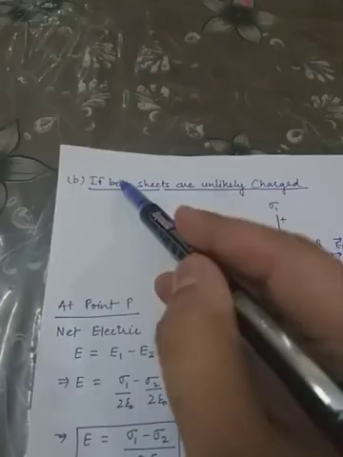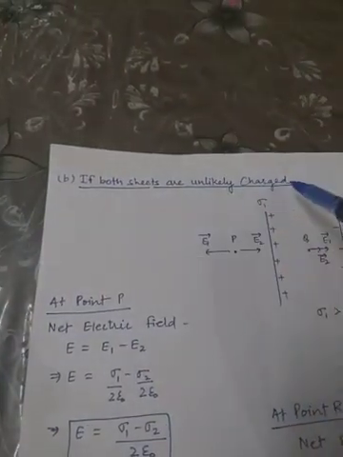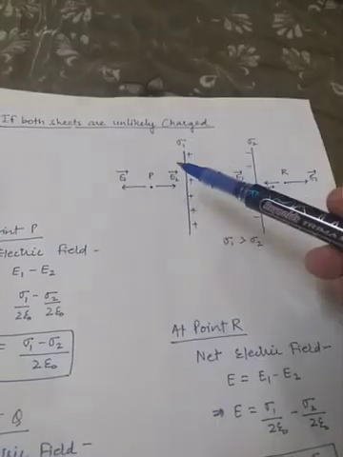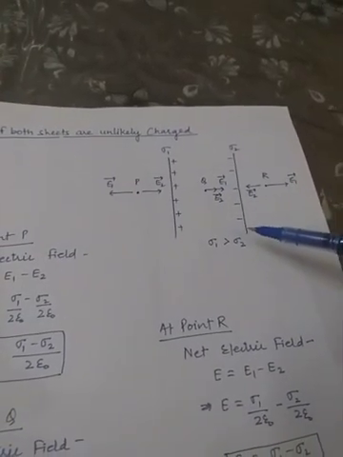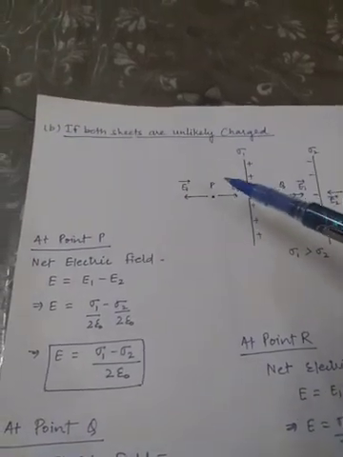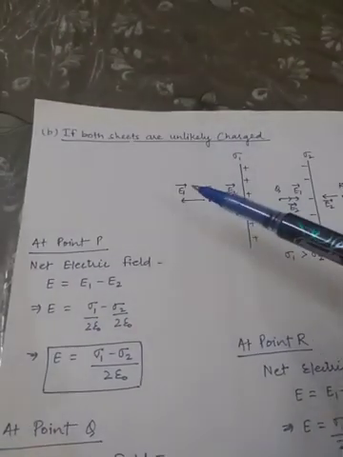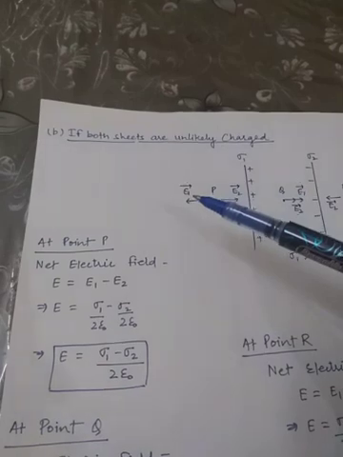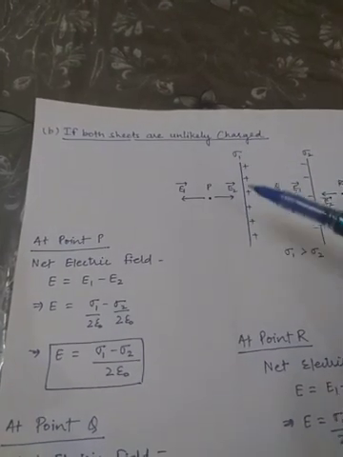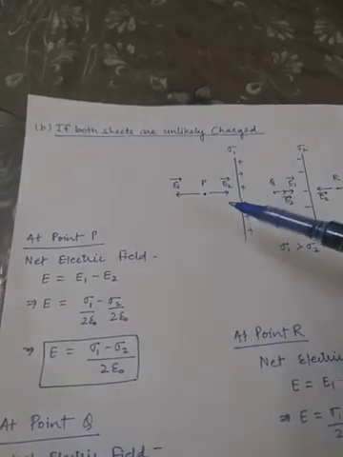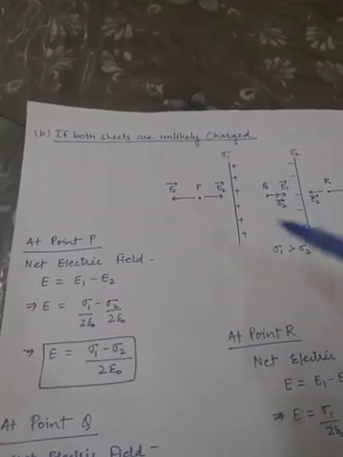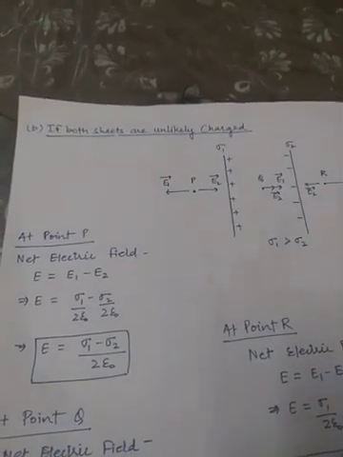Second part of the derivation is B, if both sheets are unlikely charged, means if one is positively charged and other one is negatively charged, then the direction at point P is, E1, that is intensity of electric field due to positive charge, is towards left, and E2, that is due to negative charge, that's why it is towards right.